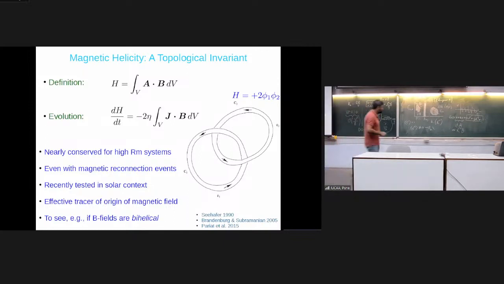At least one thing one can see, the energy and helicity in Fourier space are related by something like magnetic energy in a Fourier mode K goes as K times magnetic helicity.